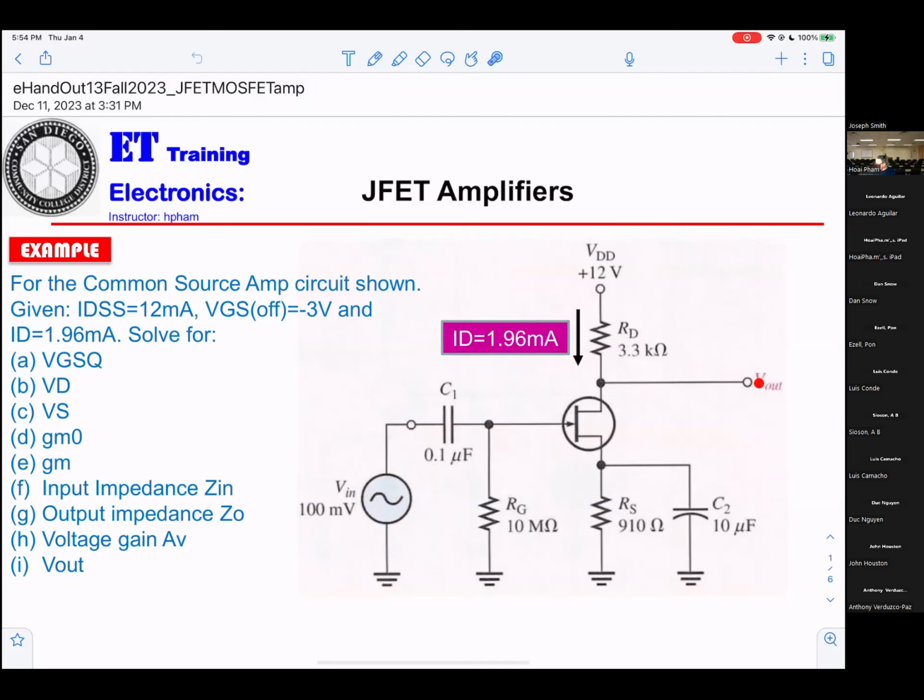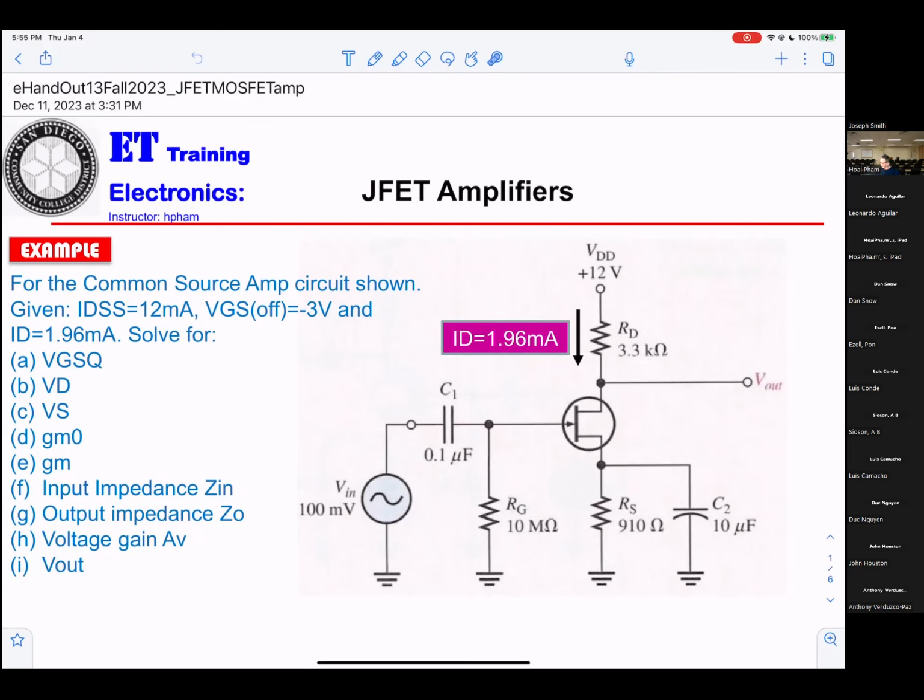And input and output will be 180 degrees out of phase. For the common source amplifier circuit, they give an ID at VGS off, ID equal 1.96 milliamp. They want to calculate VGSQ, VD, VS, GM0, GM, input impedance, output impedance, voltage gain AV, and VR.